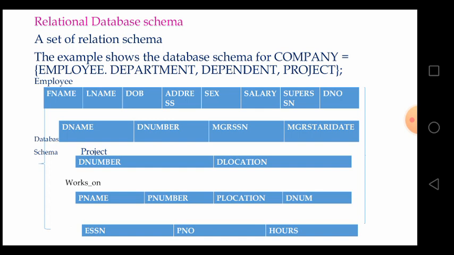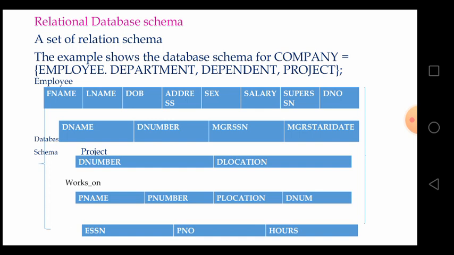Department location is the relation name. Next, project is a relation name. Attributes are project name, project number, project location, DNUM. These are the attributes of project.